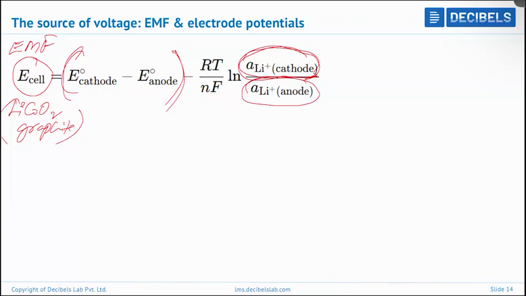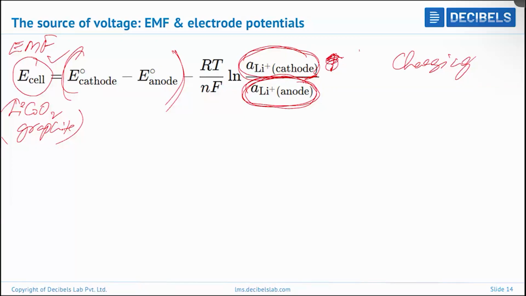Initially, the voltage is less because the concentration of lithium in the cathode is high, and in the anode it is nil or zero. So therefore, this will be very less. When you start charging, what happens?